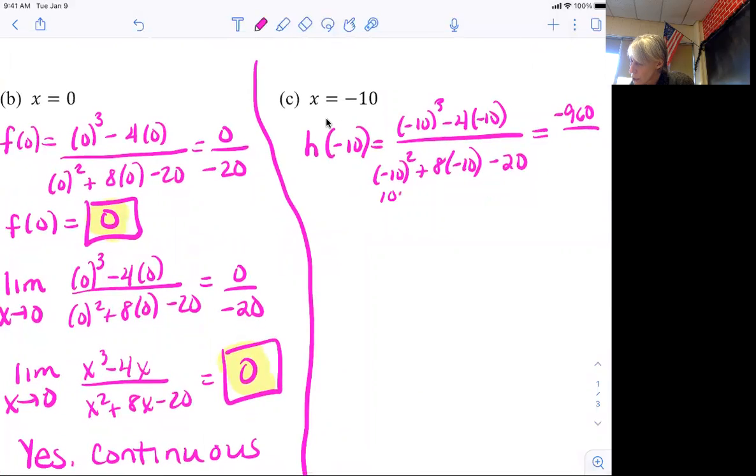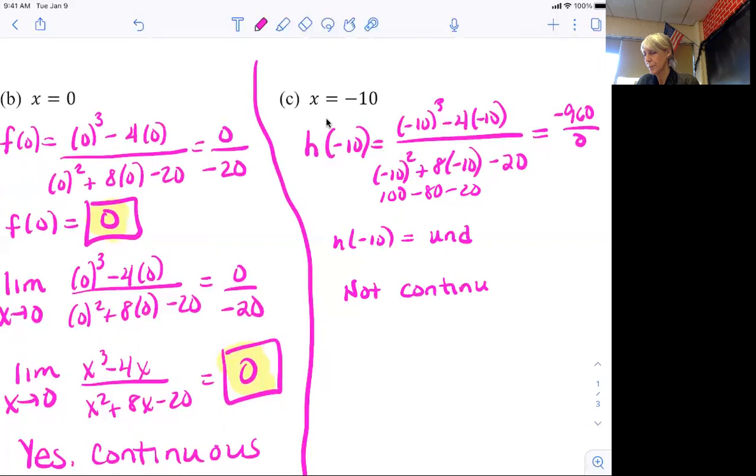And in the denominator, 100 minus 80 minus 20, that's going to be 0. When I plug in -10, I don't get an answer. So once again, not continuous at x equals -10 because h of -10 is undefined.